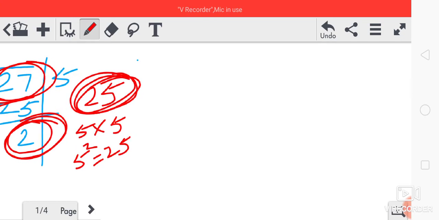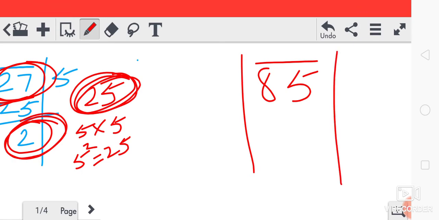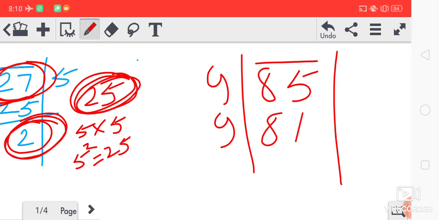If we take another example, suppose I'm asking you 85. What number should be subtracted from 85 so that it will become a perfect square? So 85 is the number, so we'll have to take its square root, 2 digits, so we have taken in pair. So 9 9s are 81.